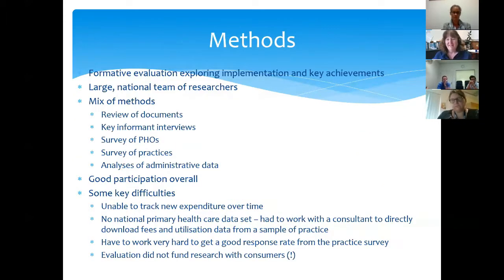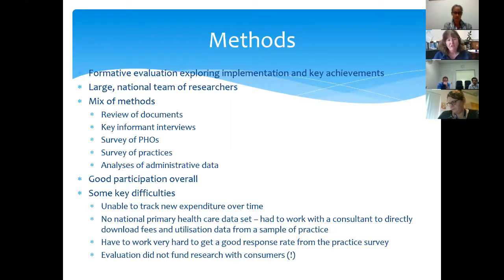So one key thing with this is how are you actually going to evaluate it? As I said, you can't do a pilot, and everything's being rolled out across the whole country all at the same time. So our focus was really on a formative evaluation, exploring implementation, and then a before and after design, which was looking at key achievements. And of course you couldn't be sure that it was only the things changing as a result of the strategy that would be responsible for what was changing, but there was no other design that we could use for this.